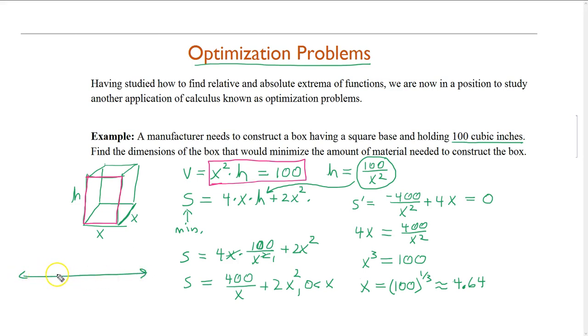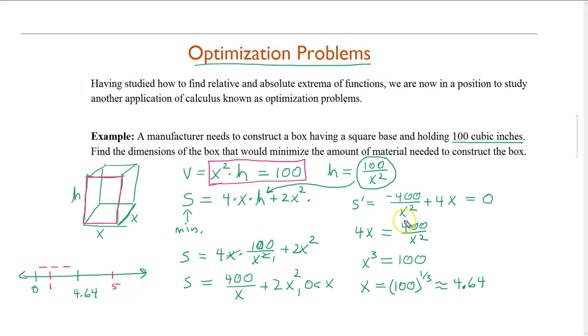Notice that if we put 0 here, and our location where our derivative was equal to 0 is 4.64, put that right here. And then we pick test values like 1 and 5. If we put 1 in for x into our derivative, we'll get negative 400 plus 4, that is a negative number.